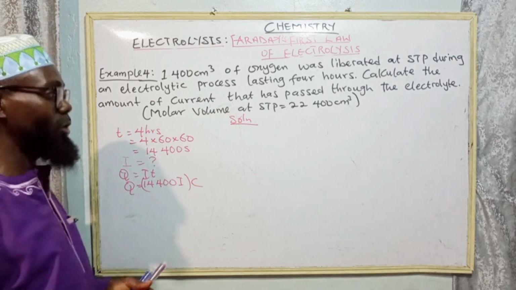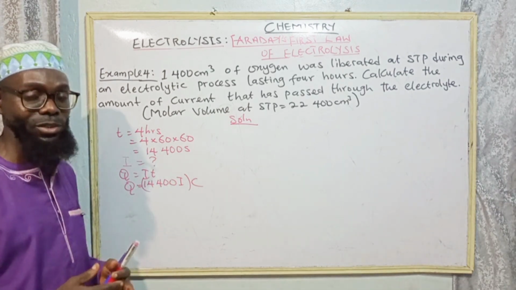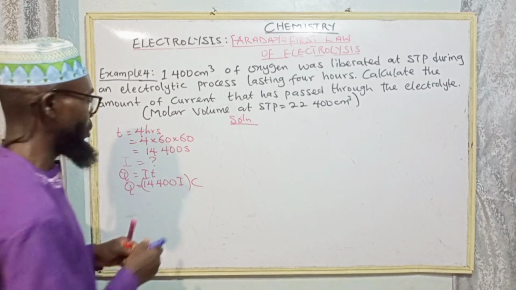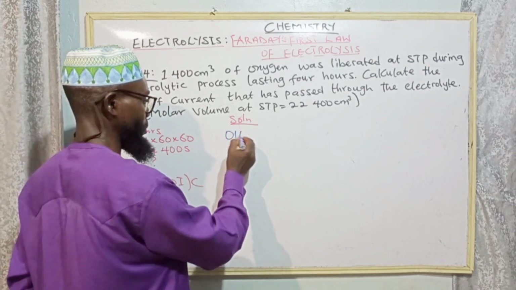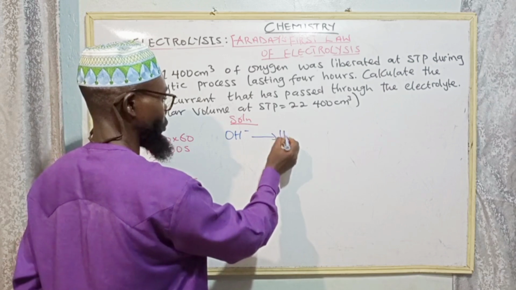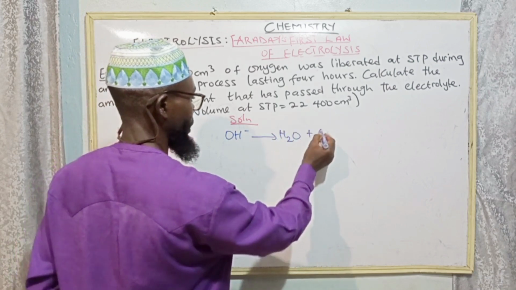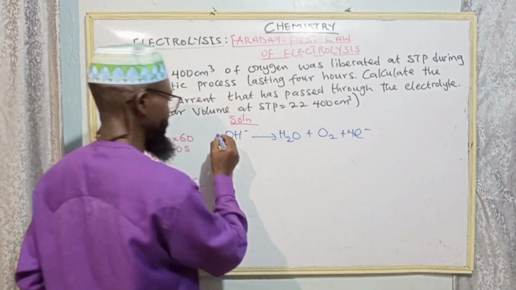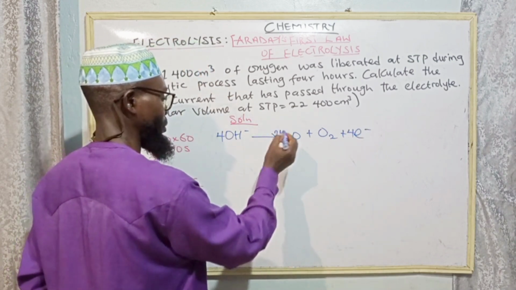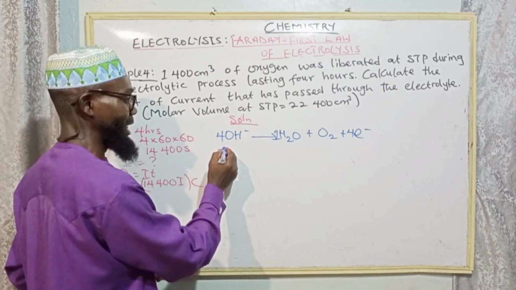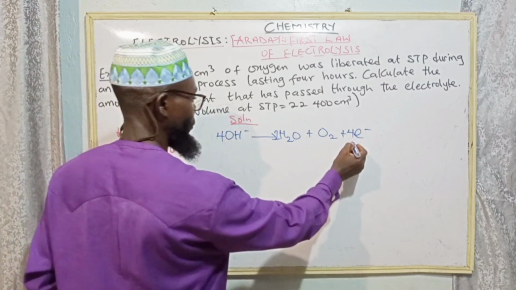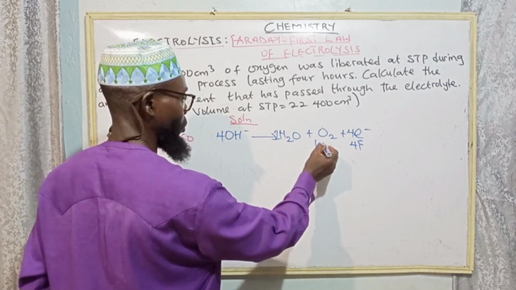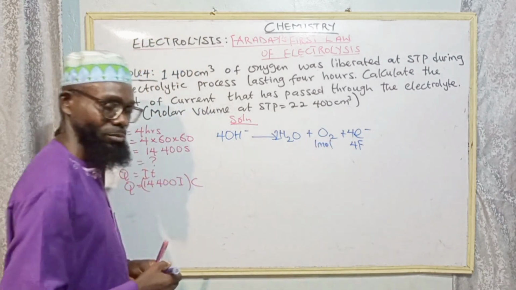And I've told you from my previous class, when we started this class, that oxygen gas is gotten from the OH group, which gives us H2O plus oxygen plus electron. This is 4, this is 4, this is 2. So which means 4 Faradays. 4 Faradays of electricity requires 1 mole of oxygen.